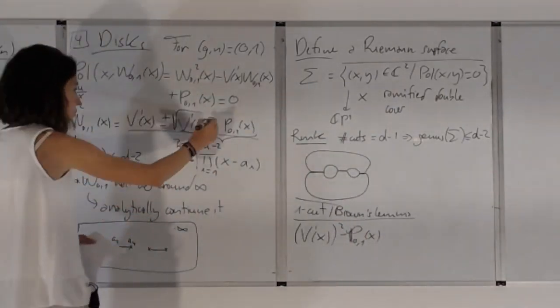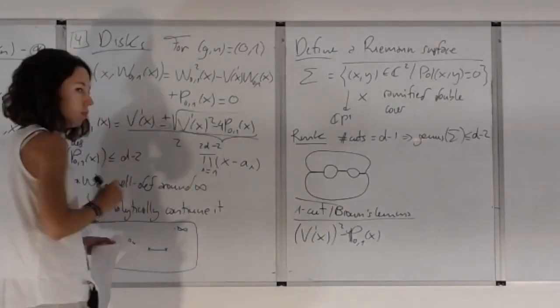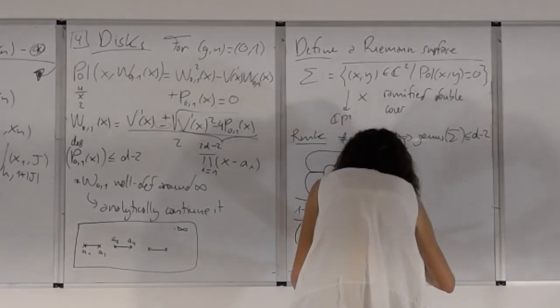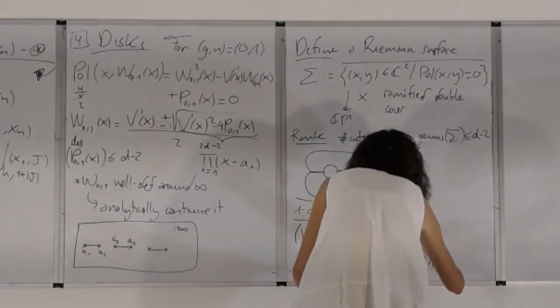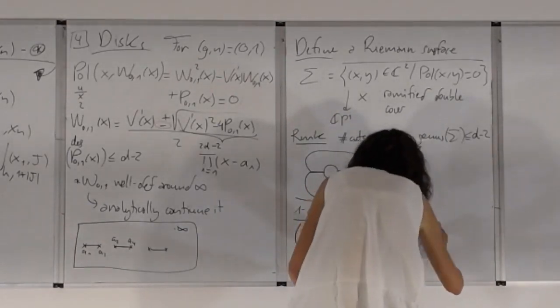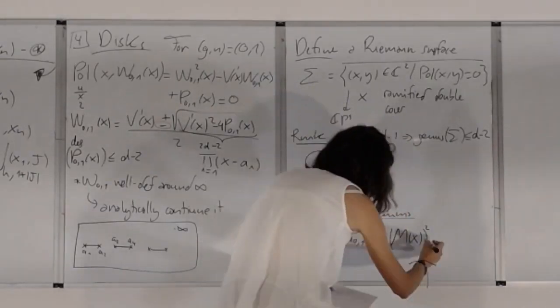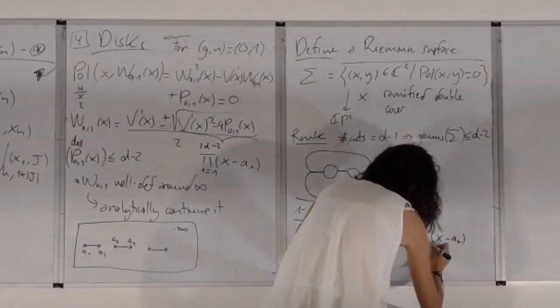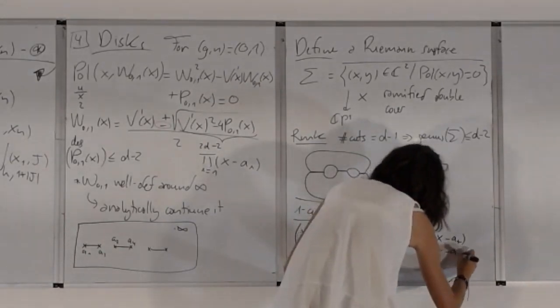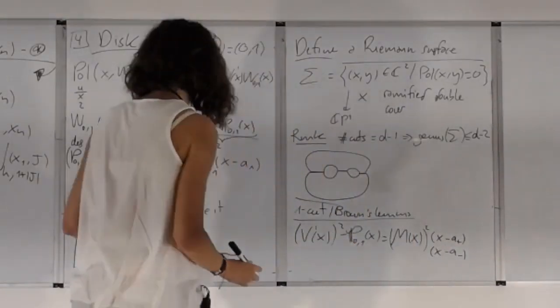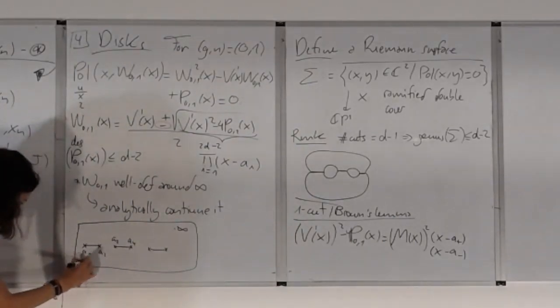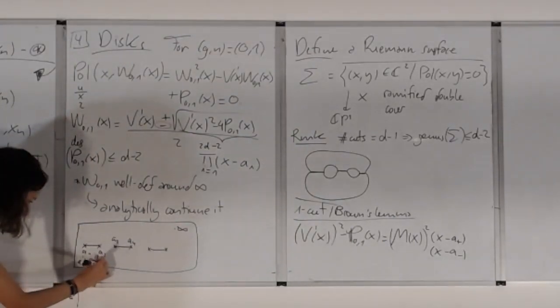I didn't write the 4. Sorry. So there exists an M that is this big factor to the square, and then the two simple zeros that we call a plus, a minus. So actually all these cuts are not there, and this will be a plus, a minus.